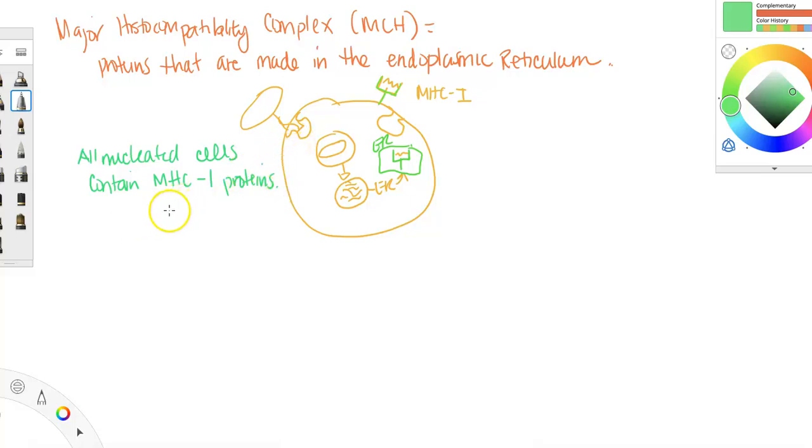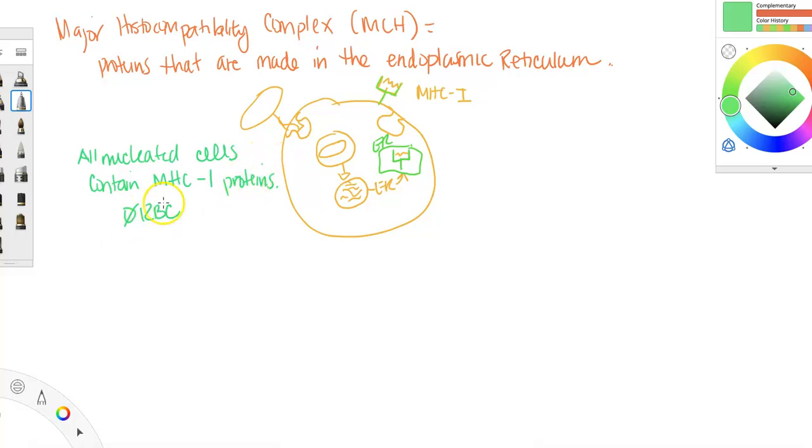That means all cells other than red blood cells. So no red blood cells, because red blood cells don't have a nucleus. So MHC1, this is how white blood cells know, as we talked about with the natural killer cells, whether it's you or not you.